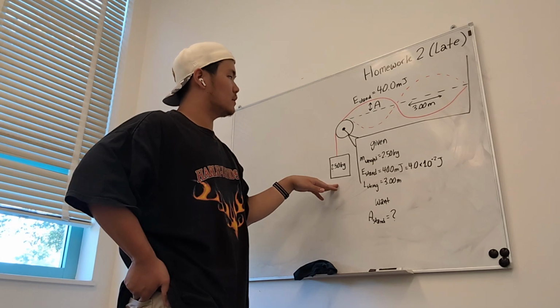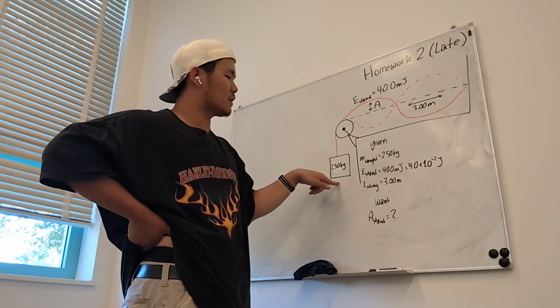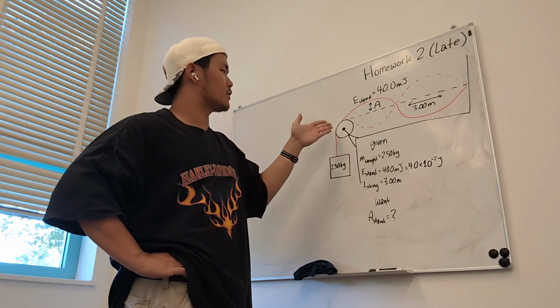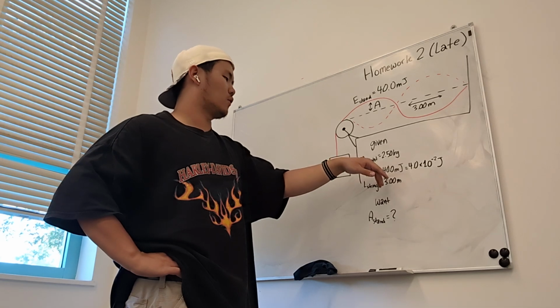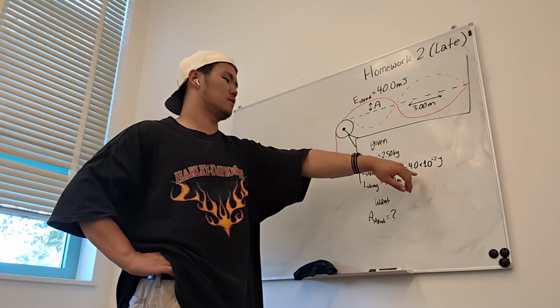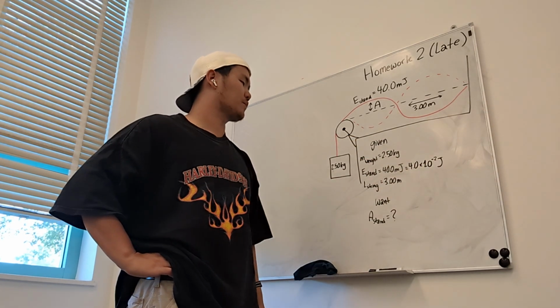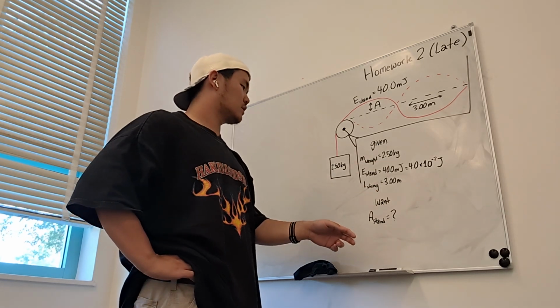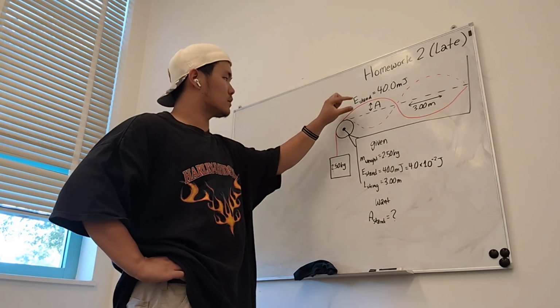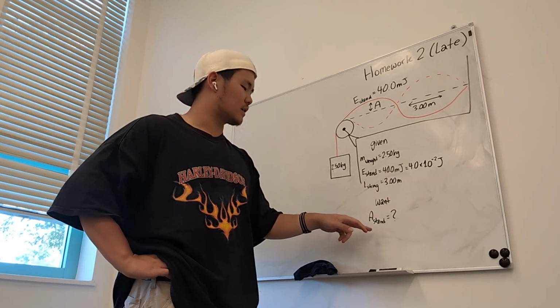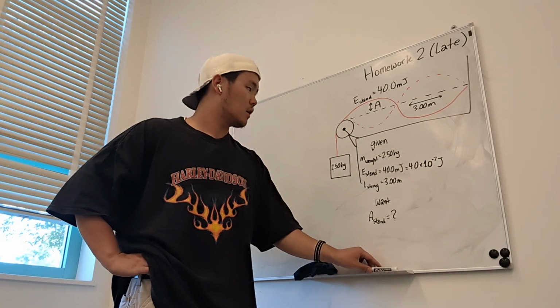And there's a weight on the pulley. So we know that this weight is 2.5 kilograms. The energy in the standing wave is 40 millijoules, which is the same as 4 times 10 to the negative 2 joules. String, as we said, is 3 meters.